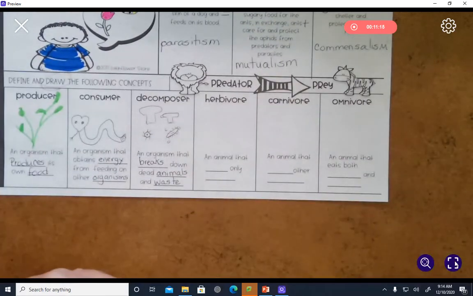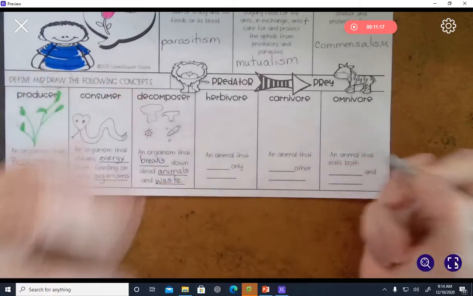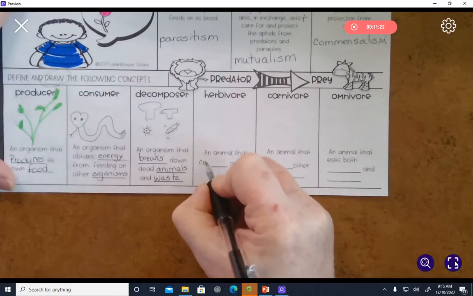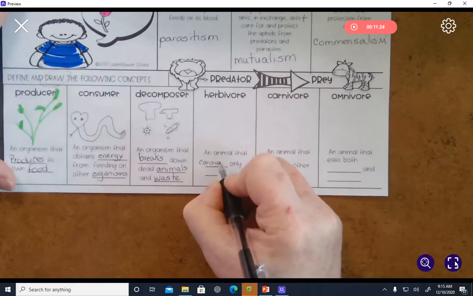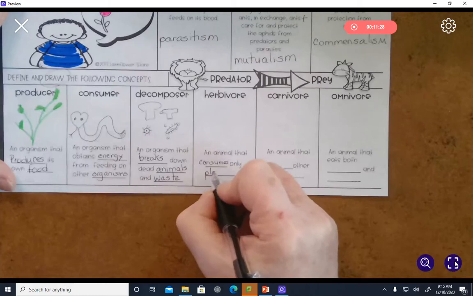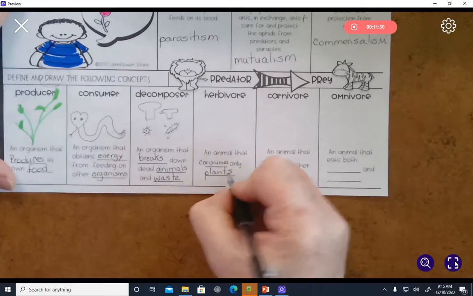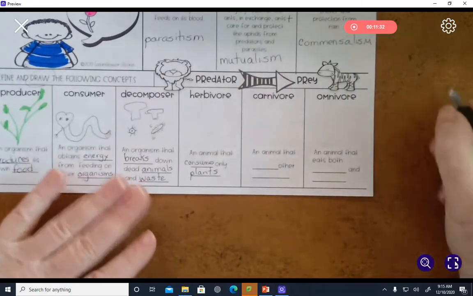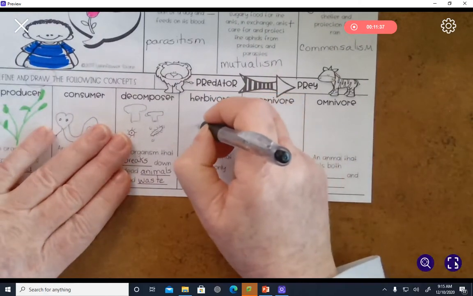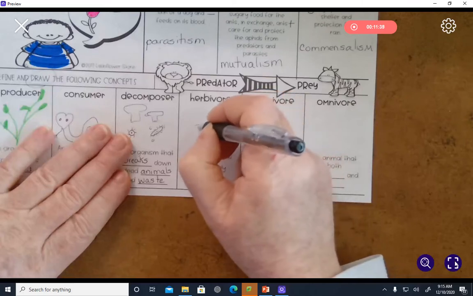So an herbivore is an animal that, I'm going to make a big word here since I messed up that one, I'm going to write consumes only plants. So let's draw a little, maybe I'm going to draw this guy up here.